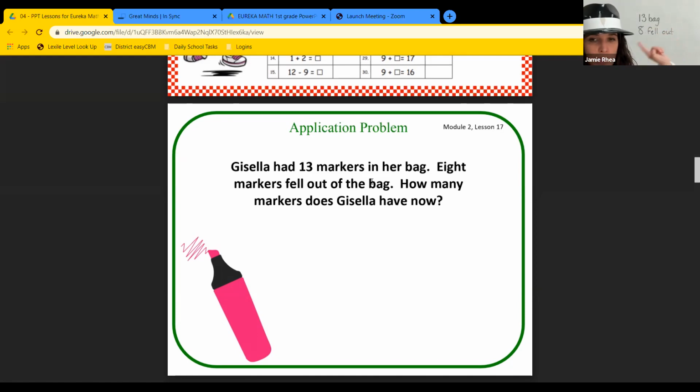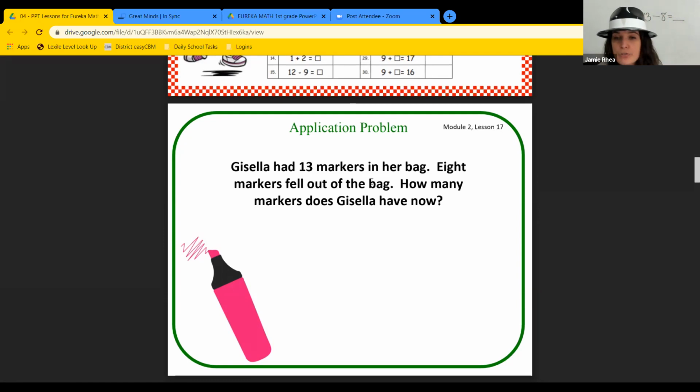Now, there's a clue inside our clue. Fell out is my clue inside my clue because it tells me I need to do what? I need to subtract. So I'm going to make a number sentence. 13 markers she had in her bag minus the 8 that fell out equals something, okay?